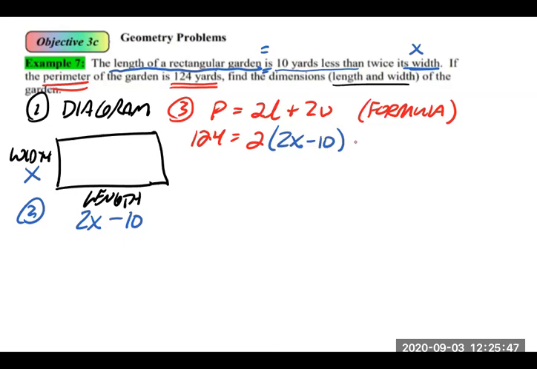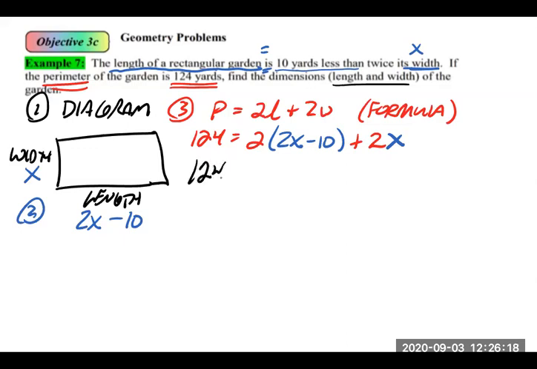And then plus 2 times the width, and the width is just x, so 2 times x. If a formula is involved, I need to understand when they talk about perimeter of a rectangle, I can look that relationship up, but that formula is the mathematical process that relates length and width. So I can just plug in those expressions that I defined. So let's go ahead and solve.